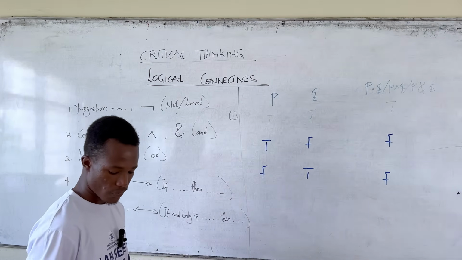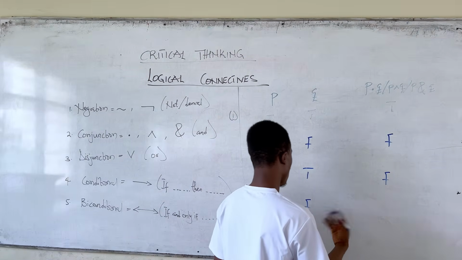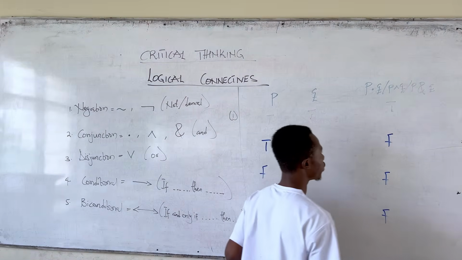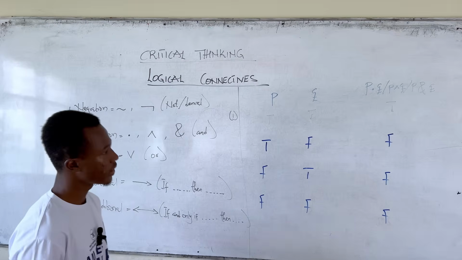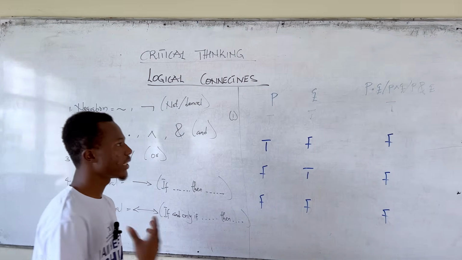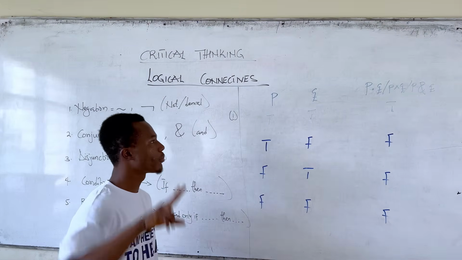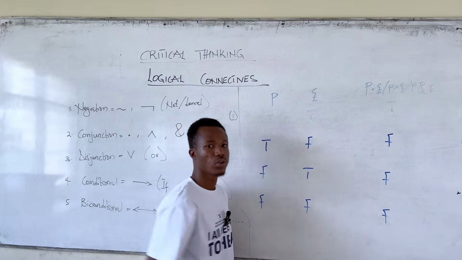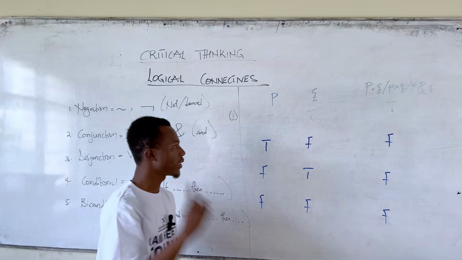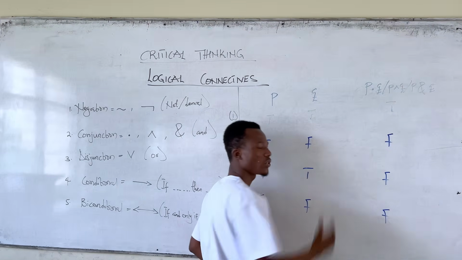Then, a situation whereby the two are all false, so you are going to get what? A false statement. So have it in mind that under conjunction, the only time you will get a statement to be true is when the two atomic propositions are all true. If one atomic proposition or one sentence is true and the other is false, at the end of the day, the statement will be what?